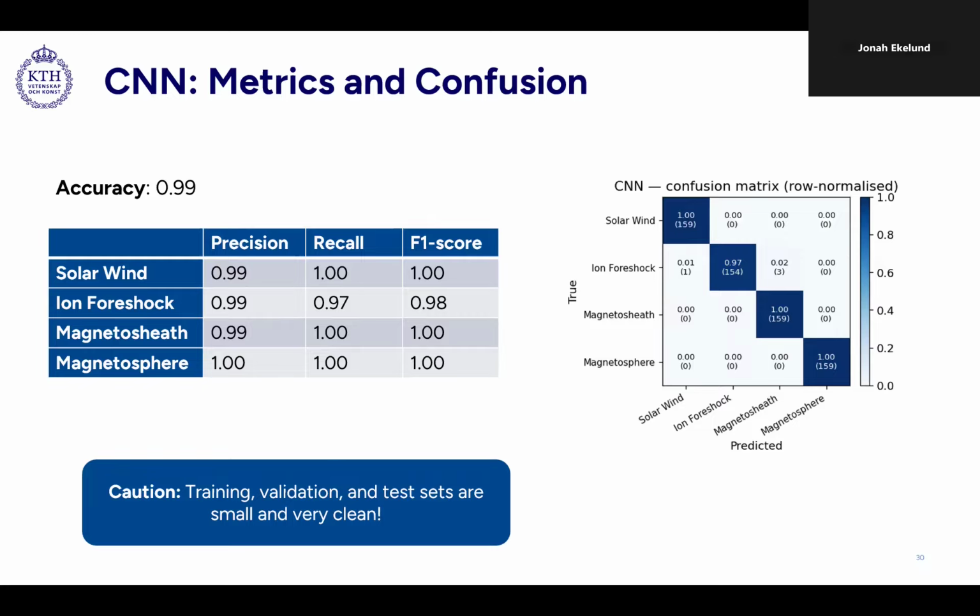So this is like the first step. I think we have a model that looks good. Then you need to take the next step and look at how it classifies data that's unknown from the beginning.